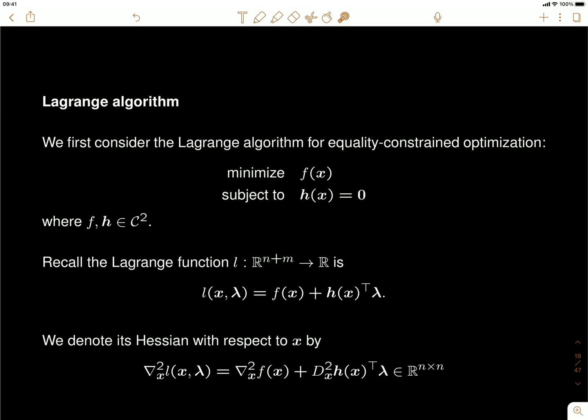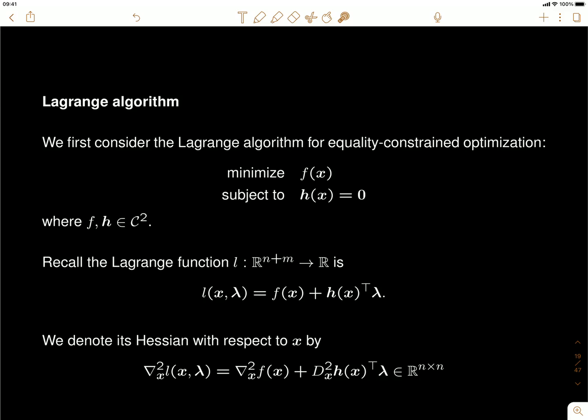So let's first consider the situation with the equality constraints. The problem we're trying to solve right now is this equality constraint minimization problem. We are trying to minimize f of x under the constraint that h of x must be equal to 0. So this is the equality constraint problem we mentioned before.